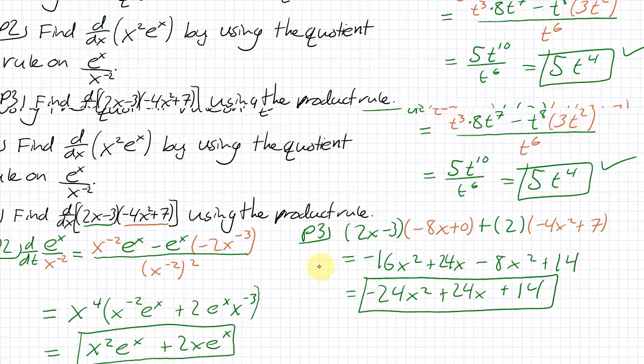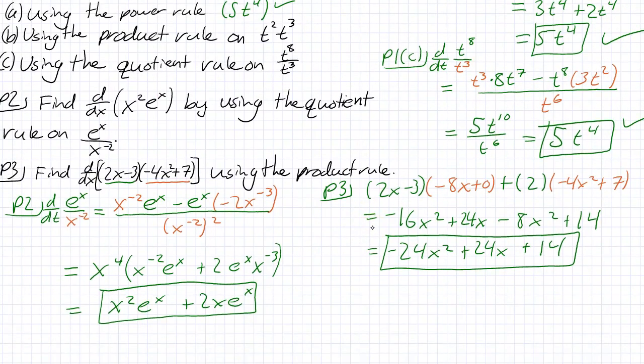So that's good. And then for problem number 2 here, this one is a little bit tricky, but the derivative of x to the negative 2 becomes negative 2x to the negative 3 here, and the rest of the stuff in the quotient rule is laid out like so.